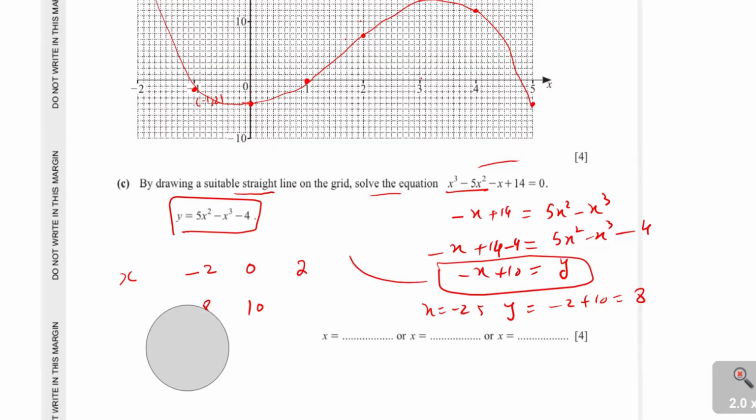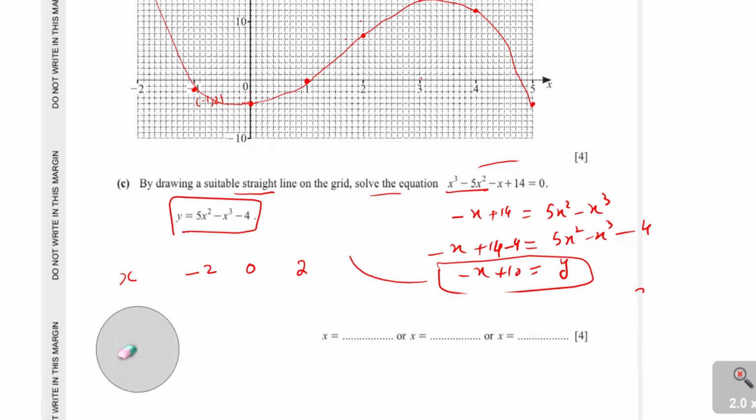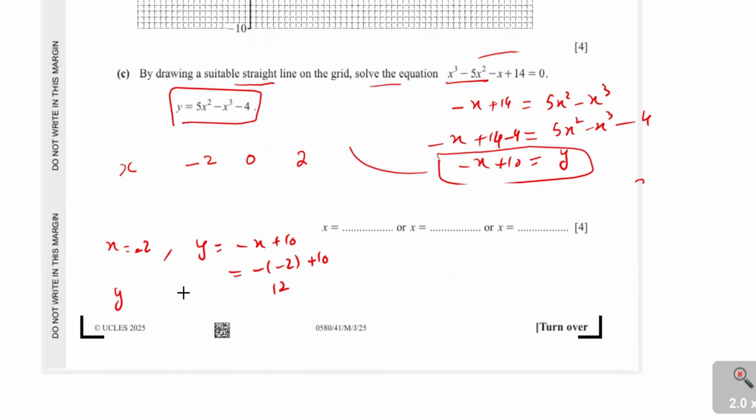When x equal to minus 2, then the value of y will be equal to minus x plus 10. This becomes minus minus 2 plus 10, which equals 12. And next x equal to 0, the value of y becomes minus 0 plus 10, which is 10.